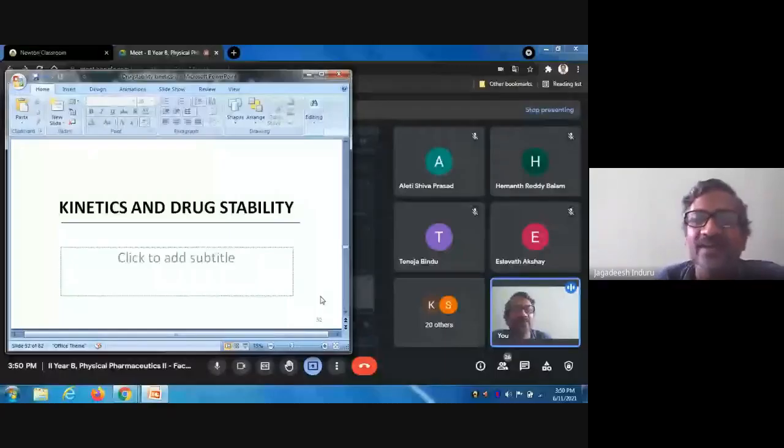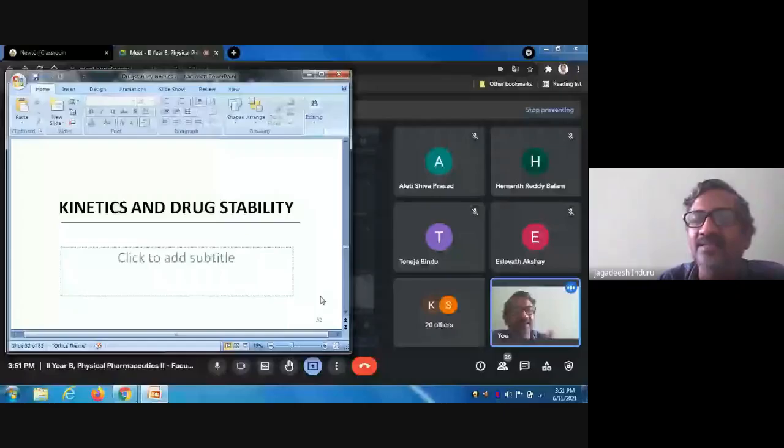This is the journey required to see which product is following which type of order. In first order kinetics, one component's concentration is very important, and the degradation depends on that component. Zero order is not dependent on the concentration of any component present in the drug and excipient; it just degrades on its own without any effect of concentration. In second order, two concentrations are present in the reaction, and both are required to progress.